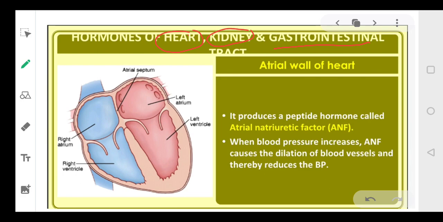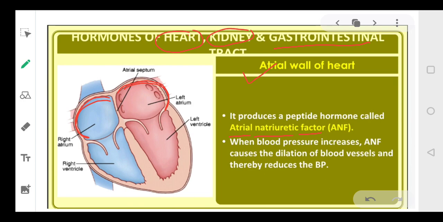Let's start with the first, the atrial wall of the heart. Atrial wall means the wall of the atrium. As you can see, these are the walls of the atrium. The walls of the atrium produce a factor called atrial natriuretic factor. What do we call it, students? Atrial natriuretic factor, that is ANF.